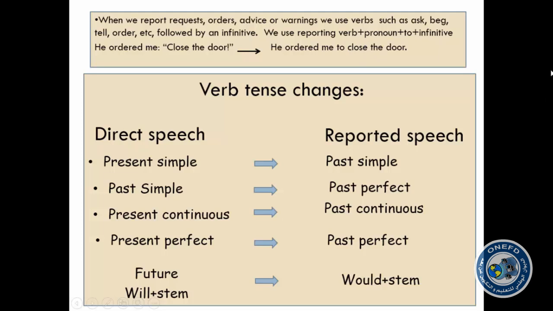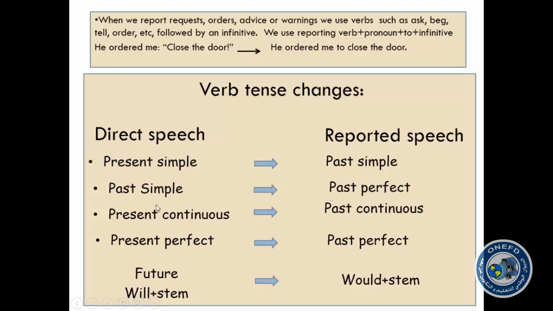We took the liberty to provide you with some lists of changes. For example, the first one is the verb tense changes. We have direct speech and reported speech. When the direct speech is present simple, it changes to past simple.